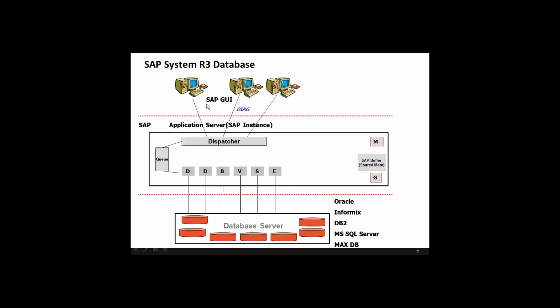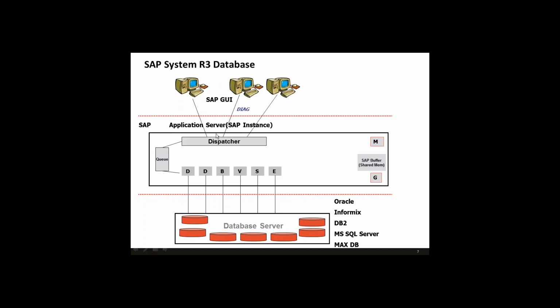So we are trying to understand how the communication works. The user will give the information or a message from SAP GUI, and it will come to the dispatcher. The dispatcher will queue it. It has to go to the gateway or background or update or spool server or NQ server. And from there it goes to the database server, it updates the data, and again it will give back to dialog.